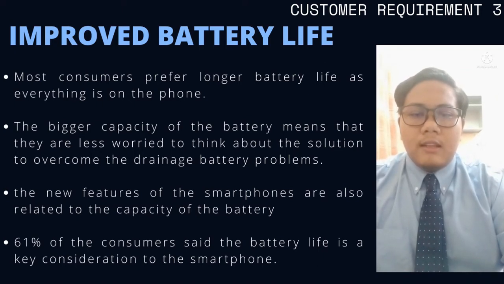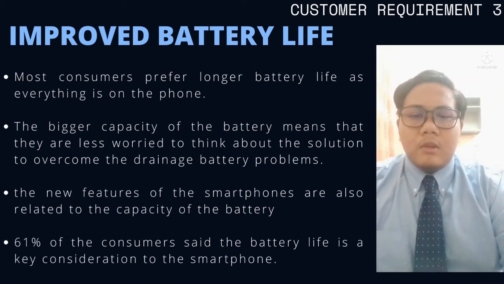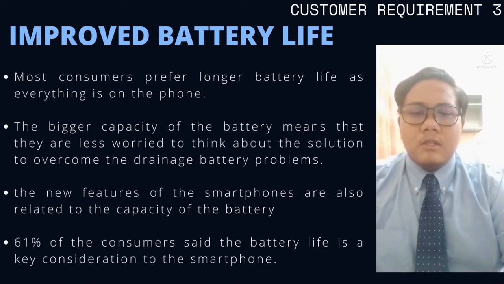Not only that, the new features of smartphones are also related to the capacity of the battery. Some new features such as GPS, Bluetooth, and fast cellular and Wi-Fi are not suitable for a short-lasting battery, as most consumers are heavy users.